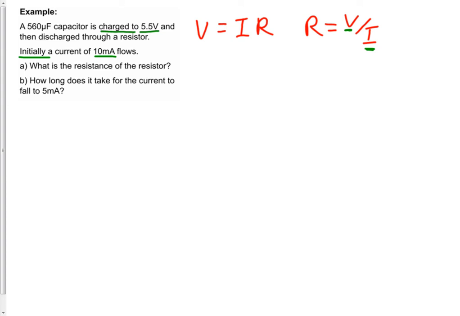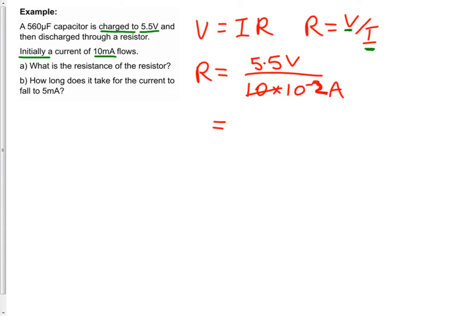So then R is going to be, if we take the initial voltage, 5.5 volts over 10 milliamps. So that's 10 times 10 to the minus 3 amps. What can we do with these powers of 10? 10 times 10 to the minus 3, that's like 10 to the minus 2.